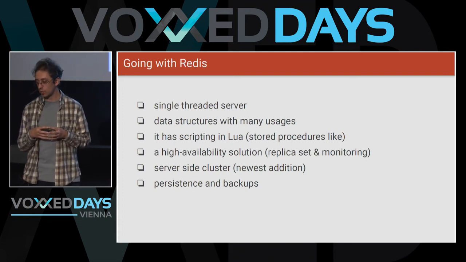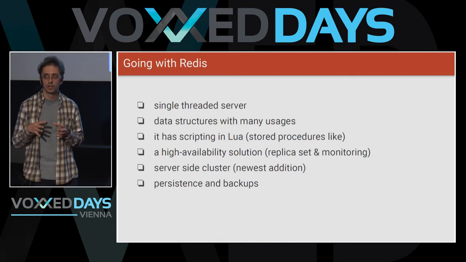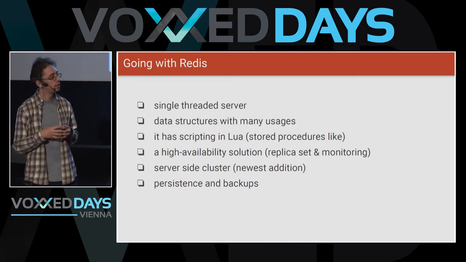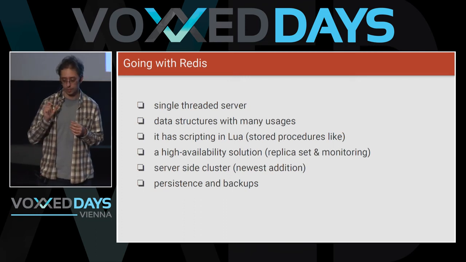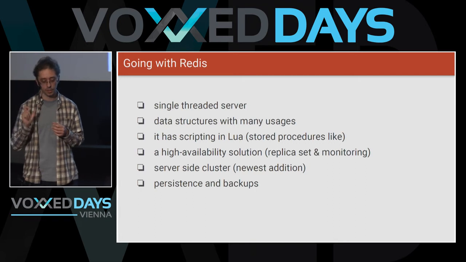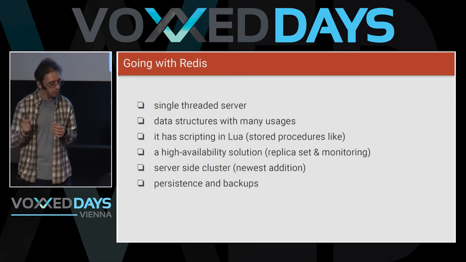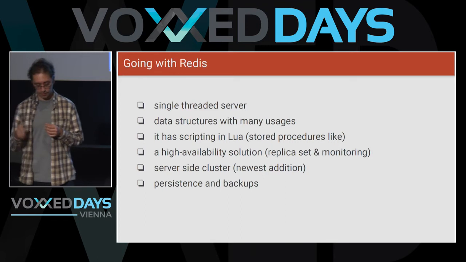Redis was created more with live data analytics in mind. The guy that created it wanted to do small updates to the database, but really fast. So it was really fast update sending.